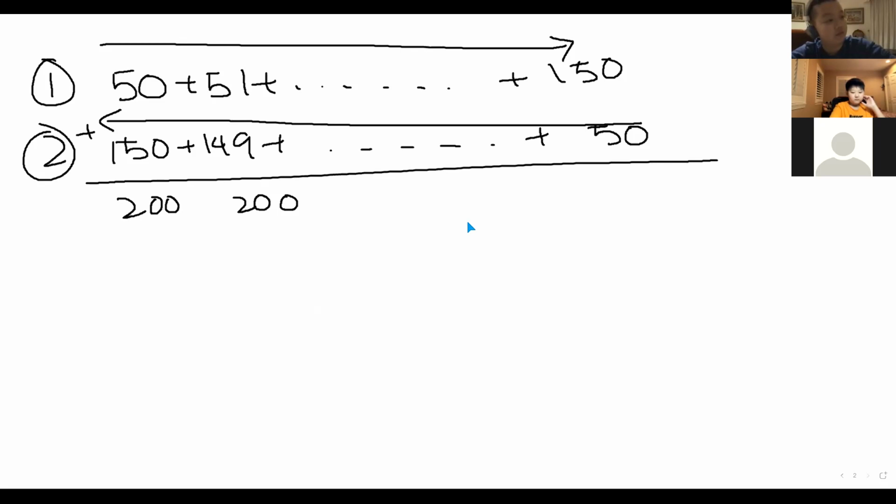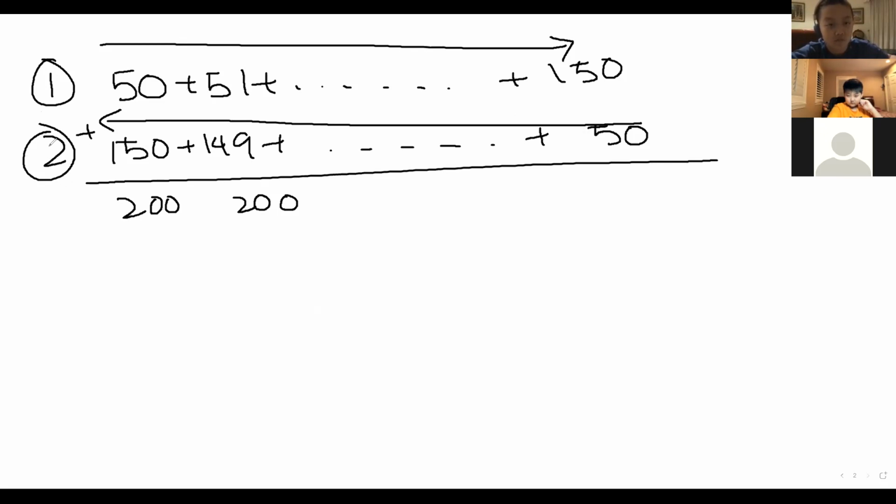So let's go through this. Let's use Gauss's method, right? So we set up the two sets of numbers going from smallest to greatest. This is row number 1. We also have the numbers going from greatest to smallest.